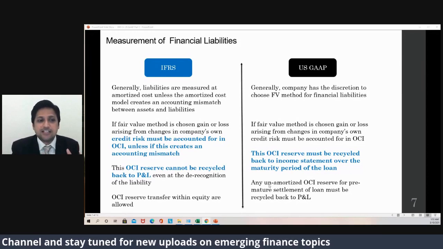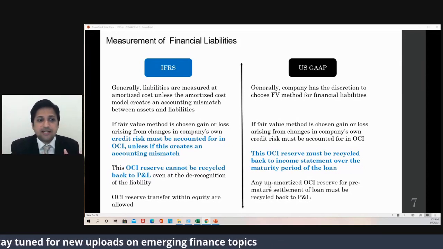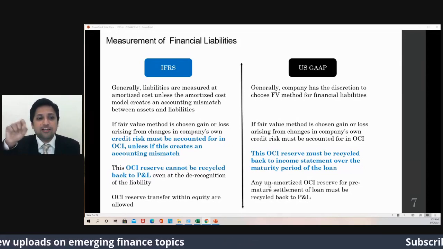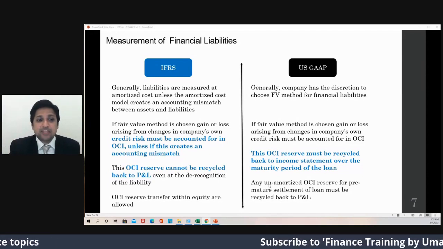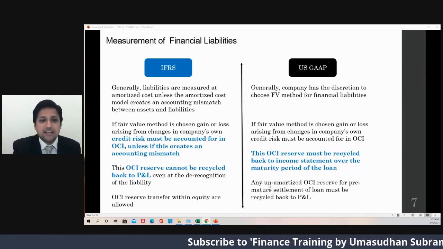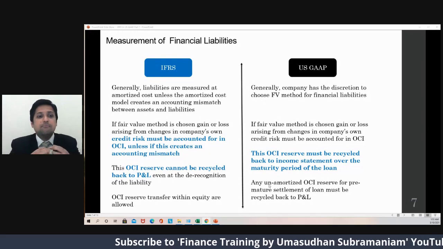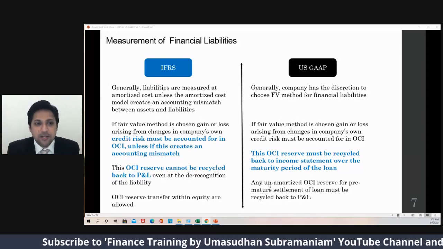But if you look at US GAAP, the OCI reserve relating to the fair value changes of financial liabilities pertaining to the company's own credit risk changes must be reclassified to the income statement over the maturity period of the loan.